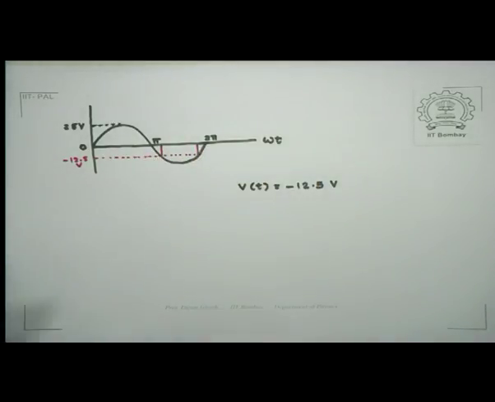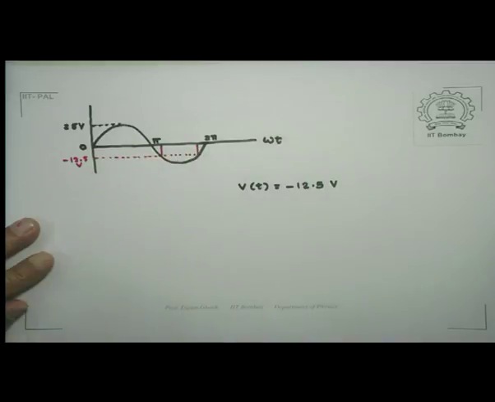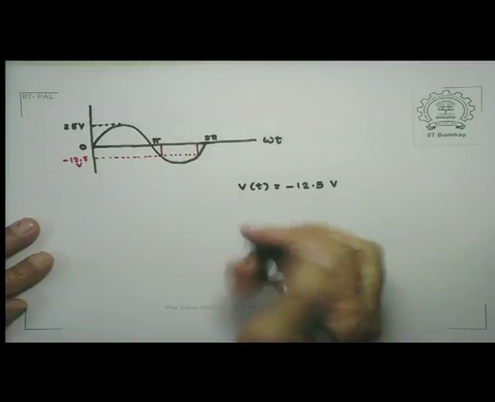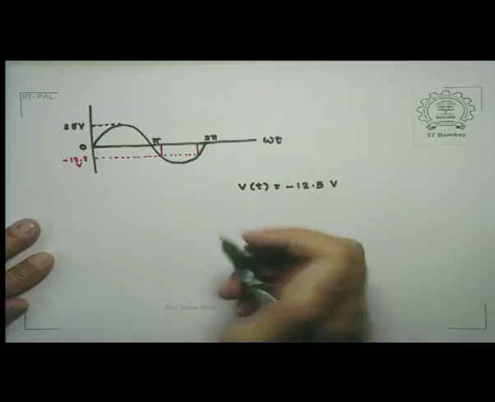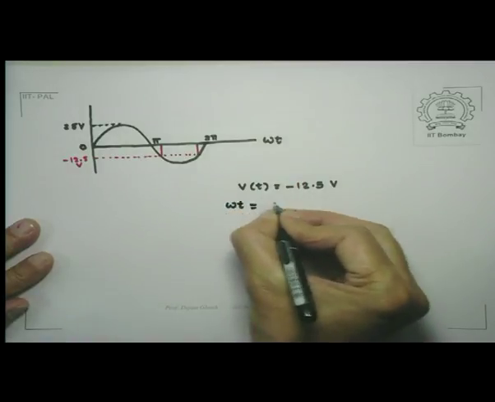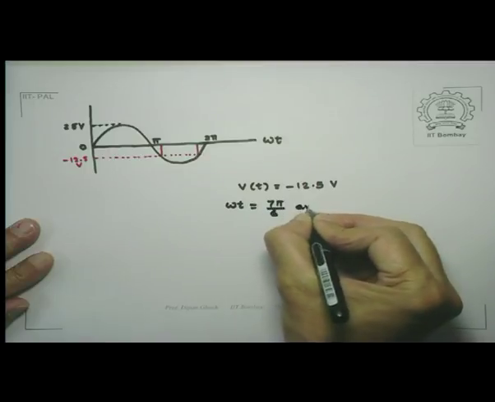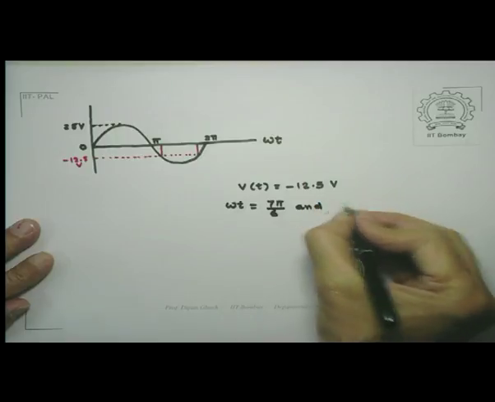Now if you just look up a table and find out where it actually occurs, you will find that this is occurring at omega t equal to 7 pi by 6 and 11 pi by 6.